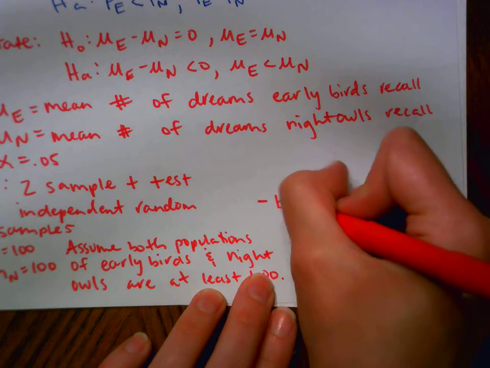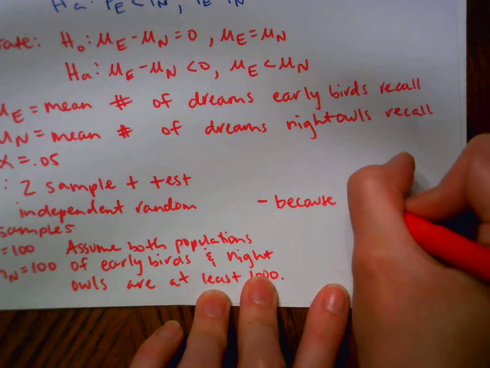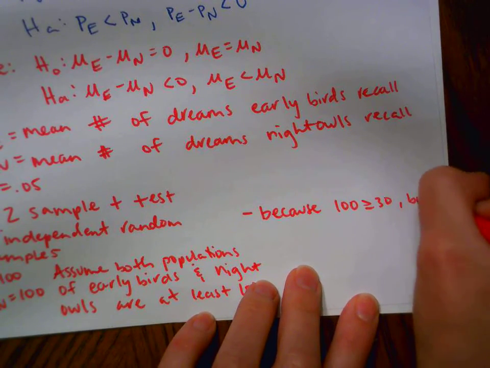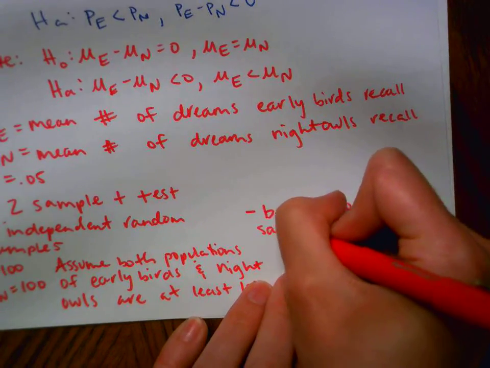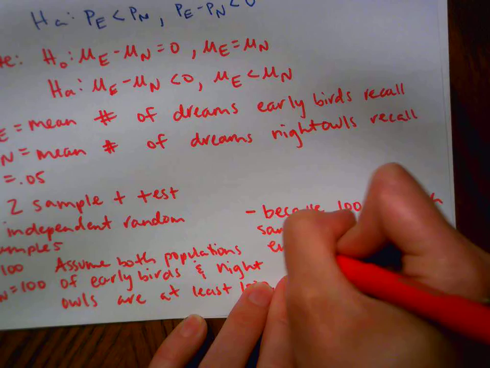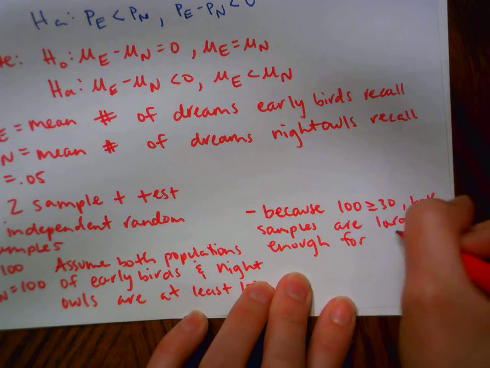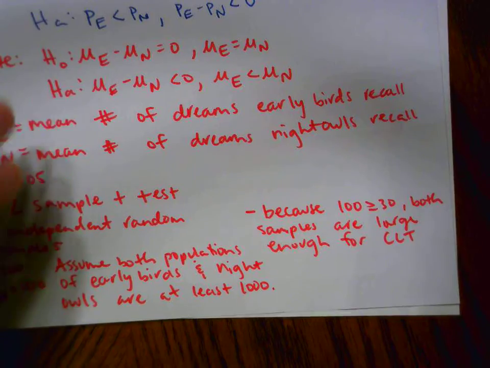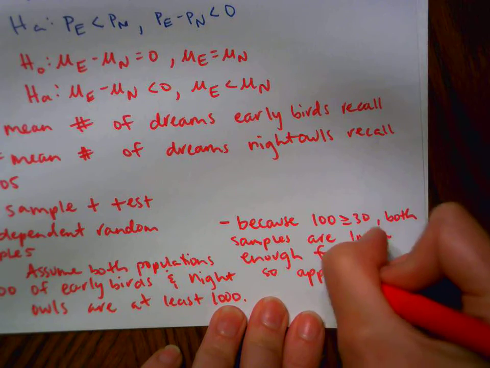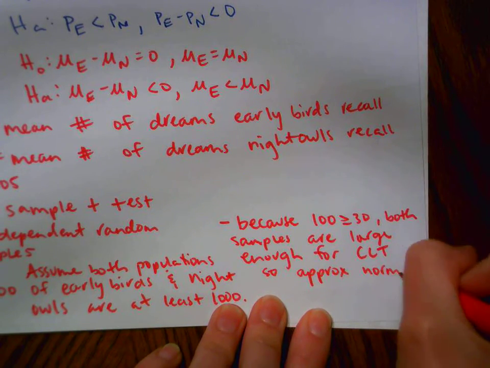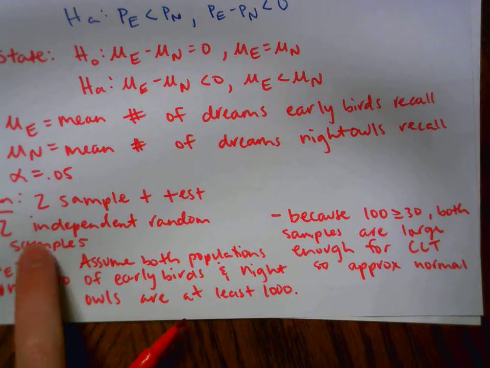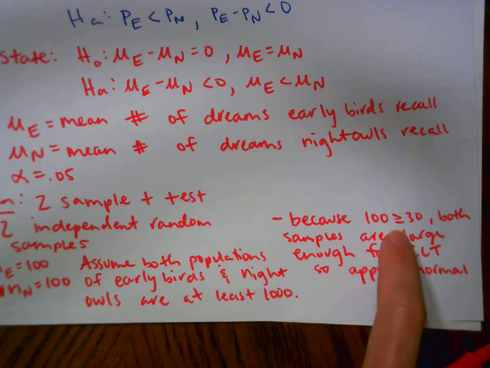So we can say because 100 is greater than or equal to 30, both samples are large enough for CLT, so approximately normal. And there are your three conditions: random, 10% because it was a random sample, and then CLT for normality.